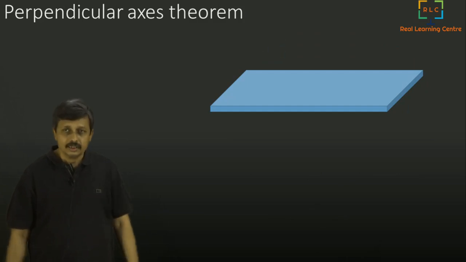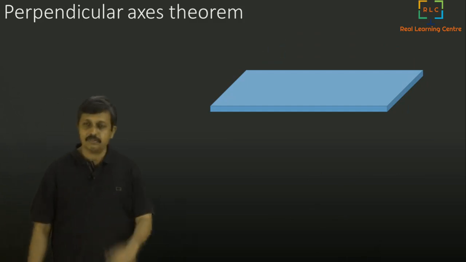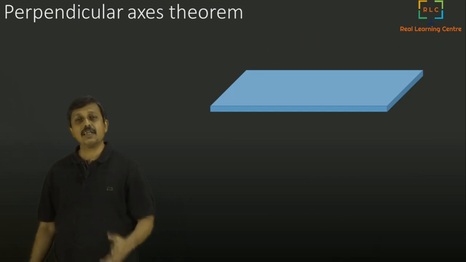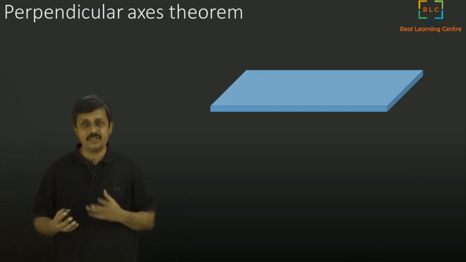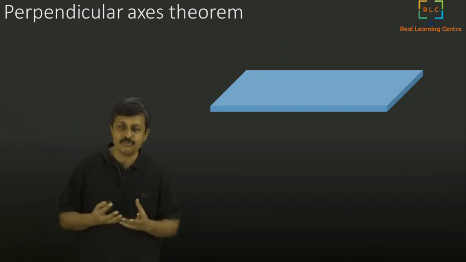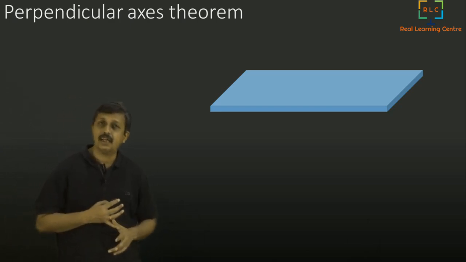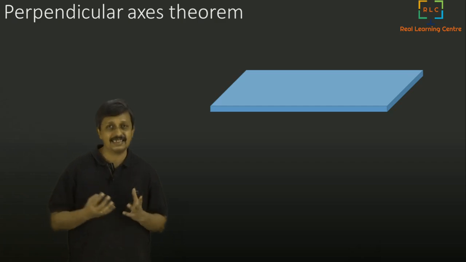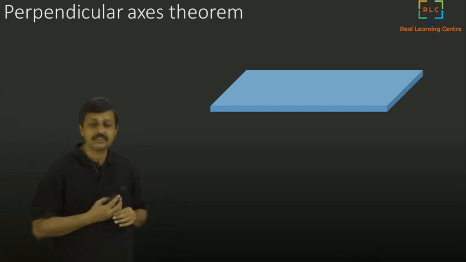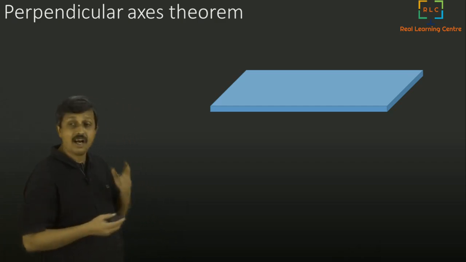Now we will do two theorems based on moment of inertia. They are very handy theorems which will be useful for calculating moment of inertia of various different objects about various different axes. So let us take one planar object.